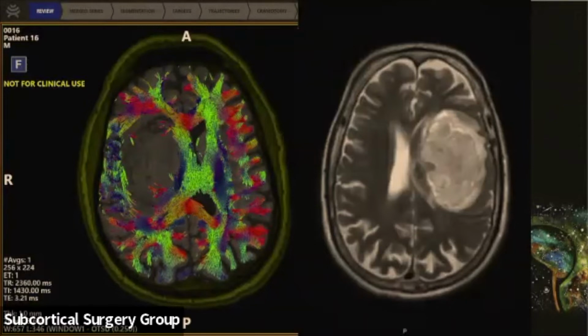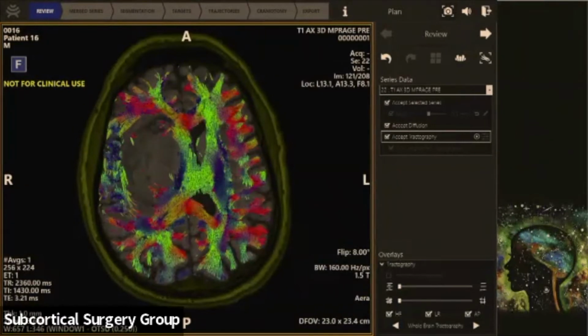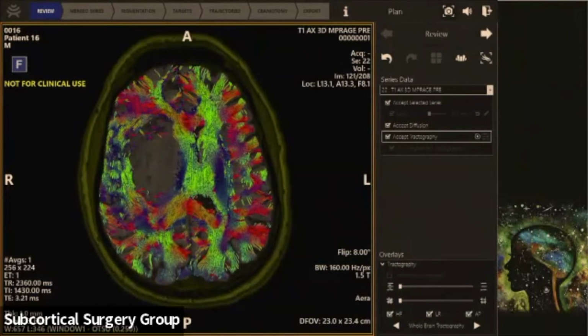Well, here is our bleed. And in response to Dr. Keller's request, we toyed with an algorithm that would go from there to there. So here is that, and there is that. So we've added some fiber tracts.